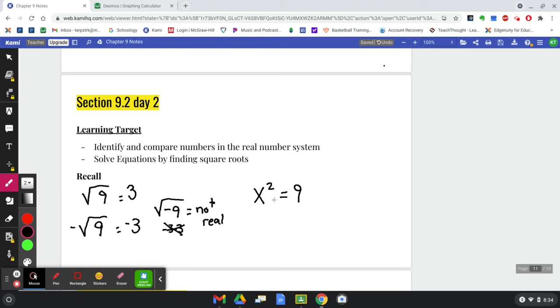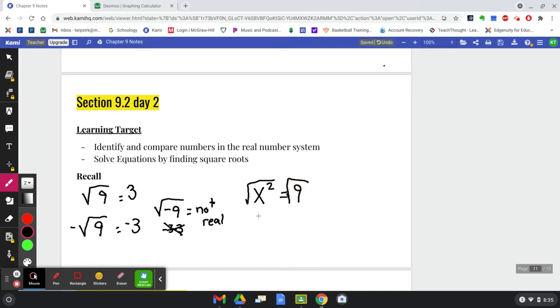And where we're taking that today is when we solve equations. I want to find when I square a number that it's equal to 9. And we can see there are two possibilities, and we're going to use inverse operations. So when I square root both sides, I have to find the value of x.